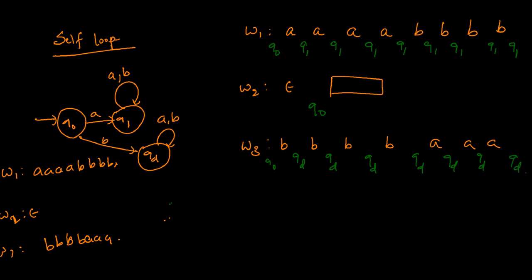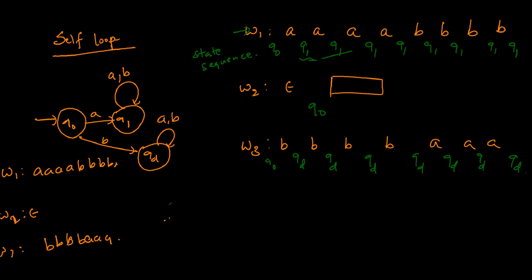In the previous example, if you look at this, this is your string and this is your state sequence. The state sequence has repetition. So Q1 is repeating itself.